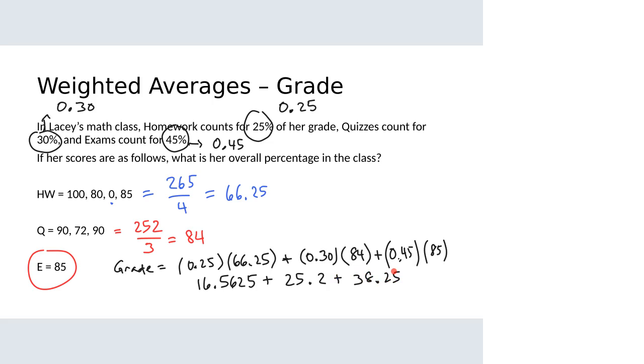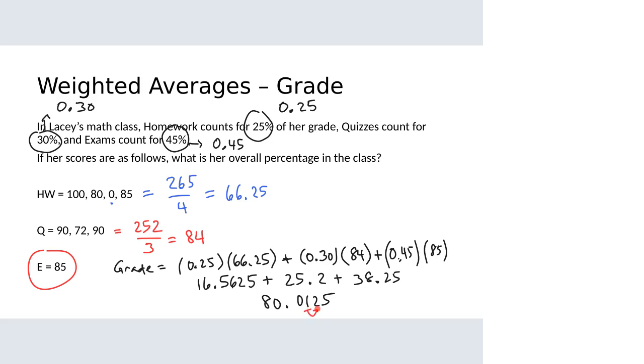And now we'll add all these together. So we have 16.5625 plus 25.2 plus 38.25. And overall, we've got 80.0125. Everything we've done today, we've rounded to the nearest hundredth. Let's just stay consistent with that.